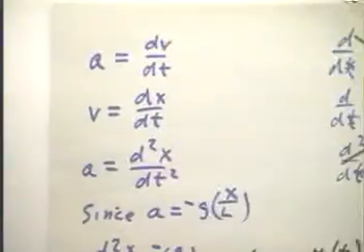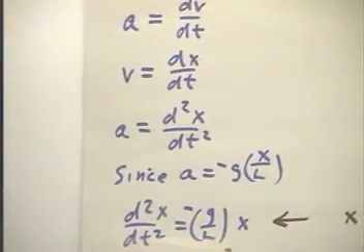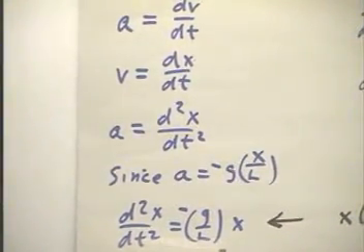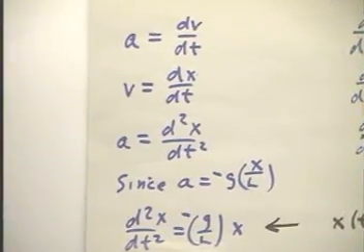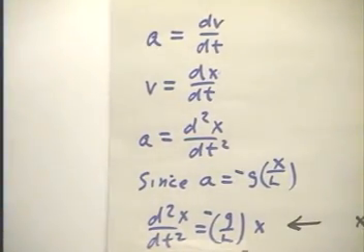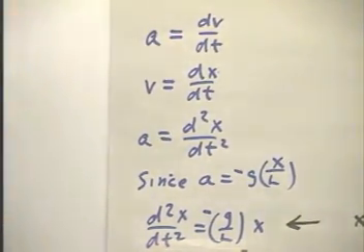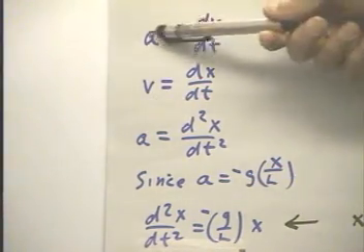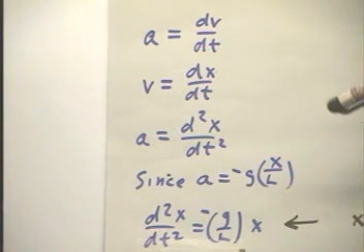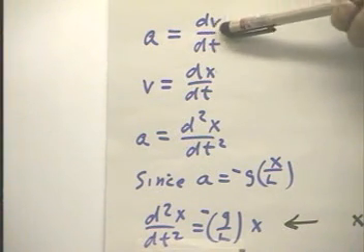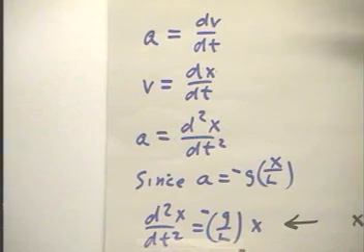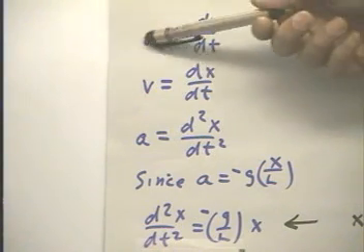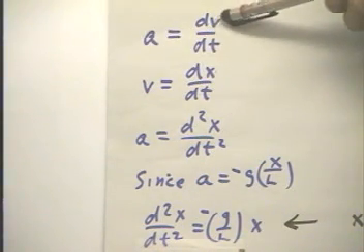So if we come over here and look at a sequence of equations, a sequence of reasoning actually, we see that in the first place, acceleration is the rate at which velocity changes in time. We would think of delta v over delta t, but in calculus we take this to the limit. We say that the instantaneous acceleration is dv over dt.